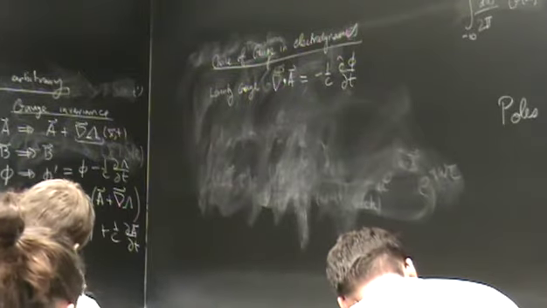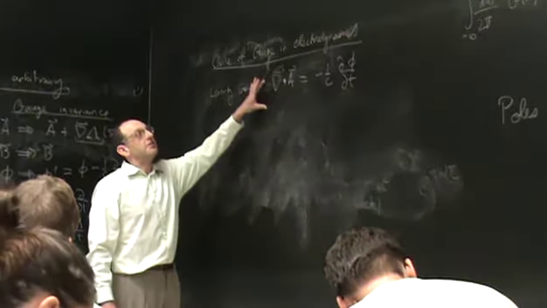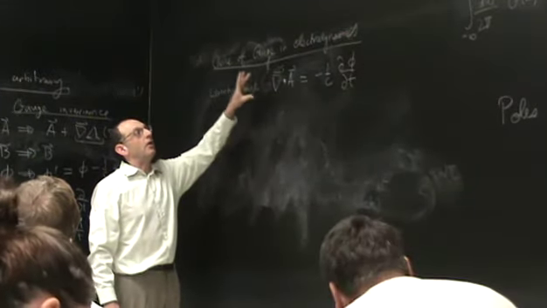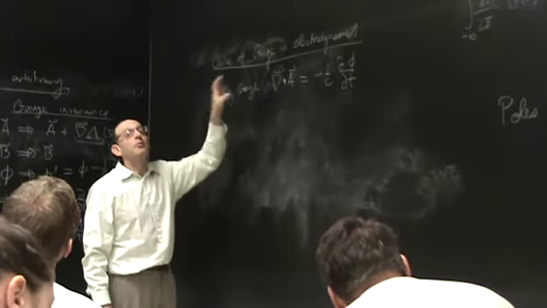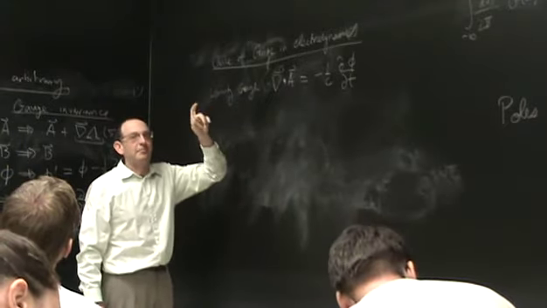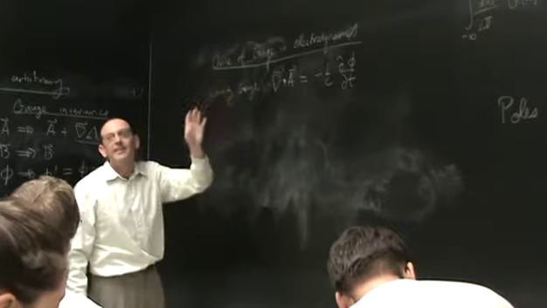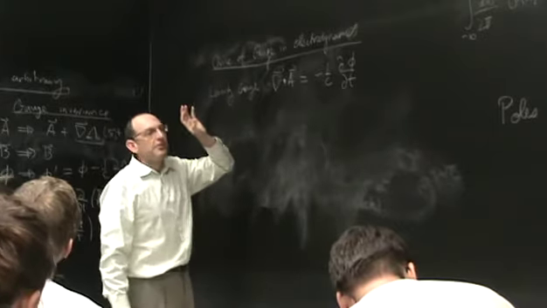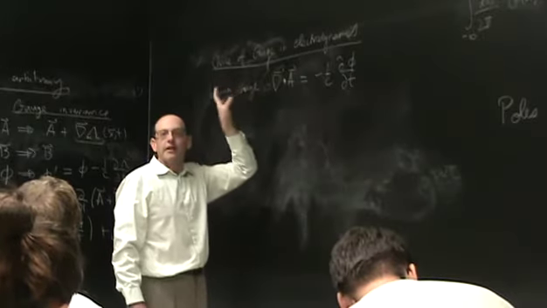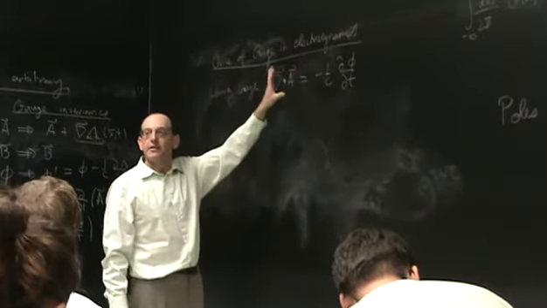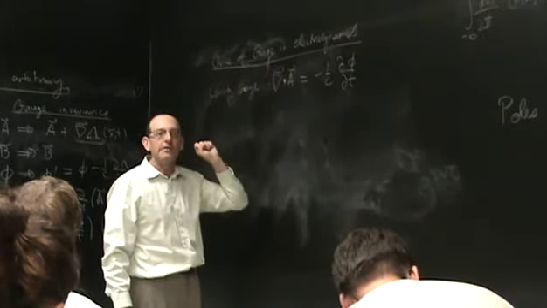That's called the Lorentz gauge because this condition is the same in all inertial reference frames. So if we do, as we'll discuss, hopefully, maybe during finals week, Lorentz transformations, then this gauge condition is Lorentz invariant, and that's called the Lorentz gauge.